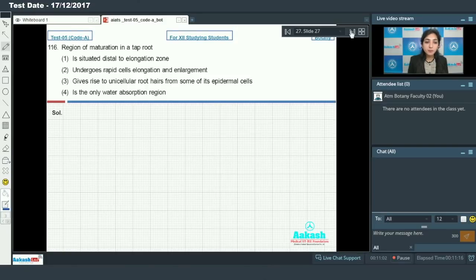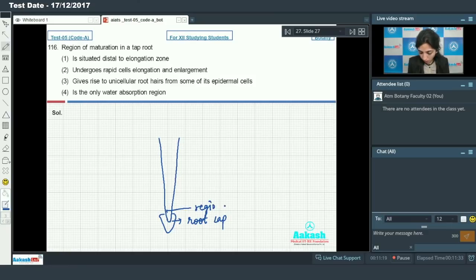Question number 116. Region of maturation in a taproot. See, suppose this is a taproot. This is the root cap. This is the region of meristematic activity.